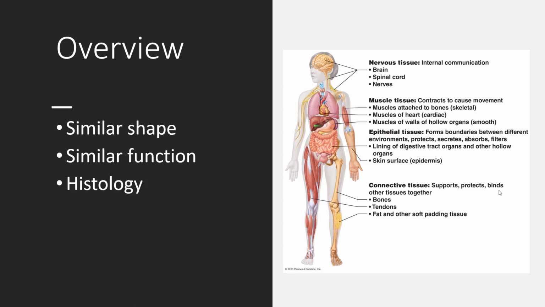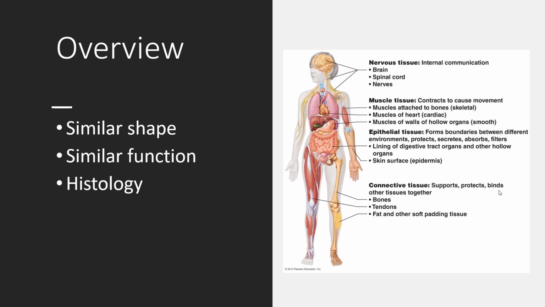So an overview of tissues, like we just said, a tissue is a group of cells often with a similar shape. They have similar function, they're working together. And the study of tissues is called histology. Now, histology really is the study of tissues and cells, but more often you will just hear it called the study of tissues.